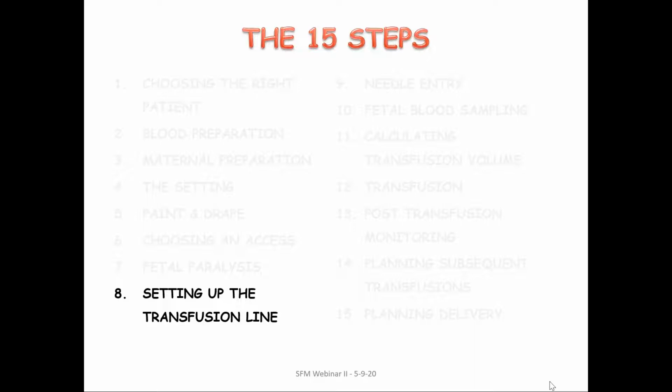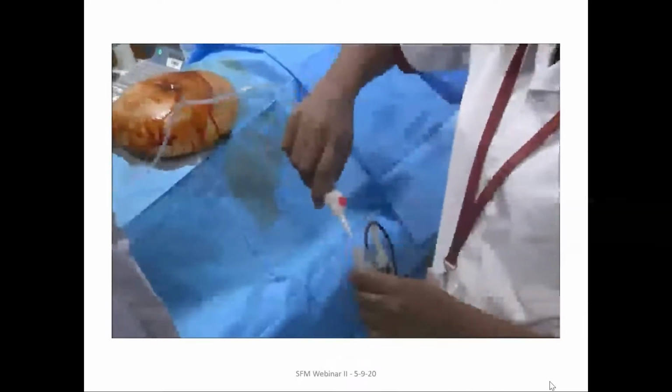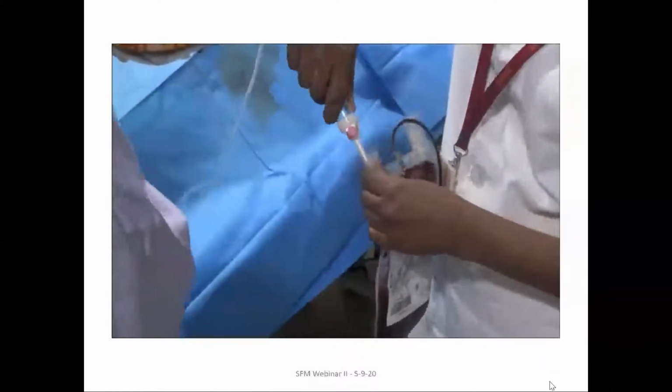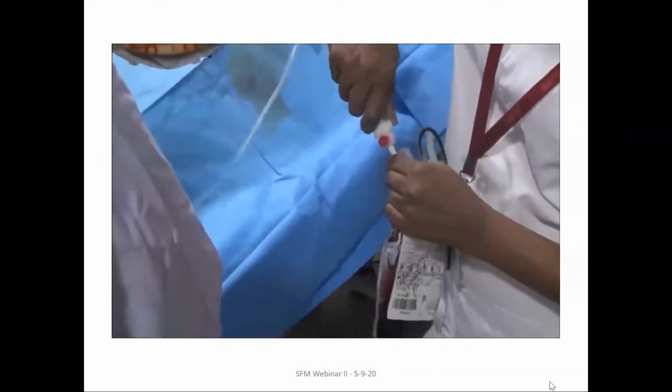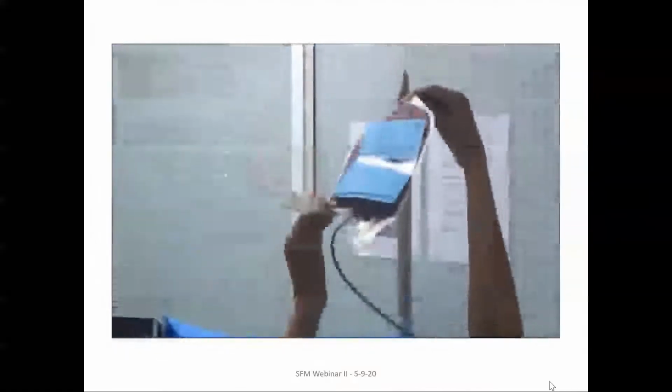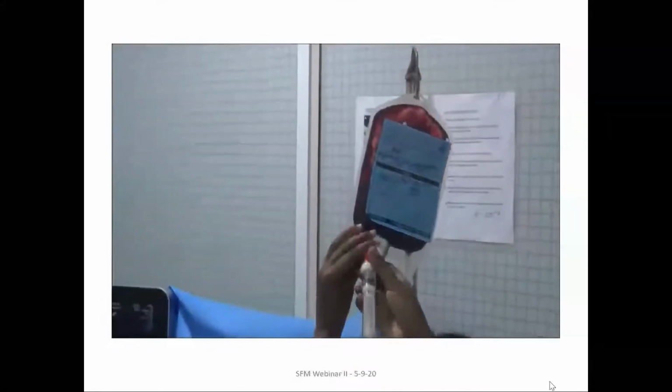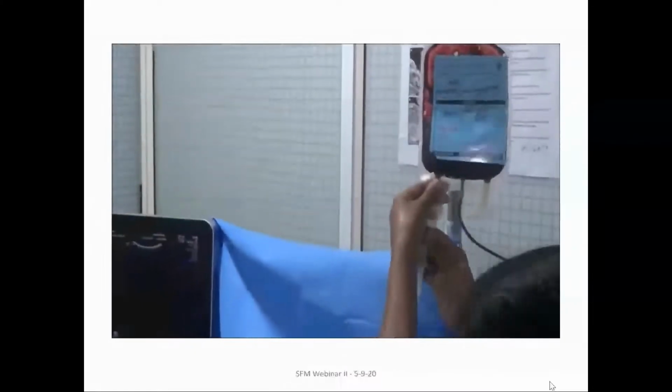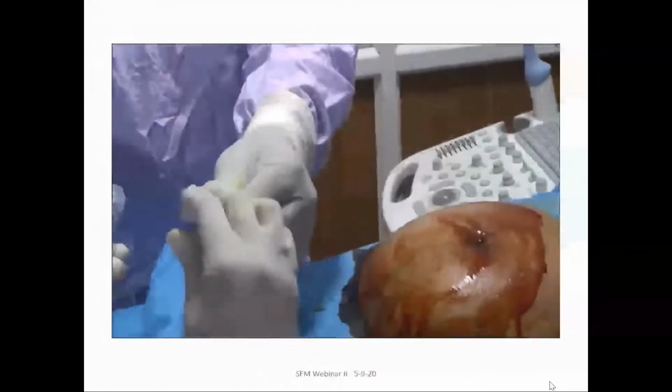Now, once you've secured fetal paralysis, you would get some time after you've given the injection and before the fetus settles down. You can wisely use the time to set up the transfusion line. How you do this, as I said, is to connect one end of the blood transfusion set to the blood bag, which is what your scrub nurse is doing here. She would then hang it up onto the transfusion stand or the drip stand.